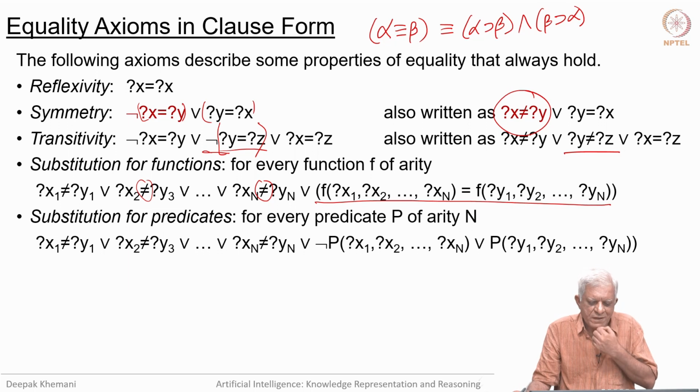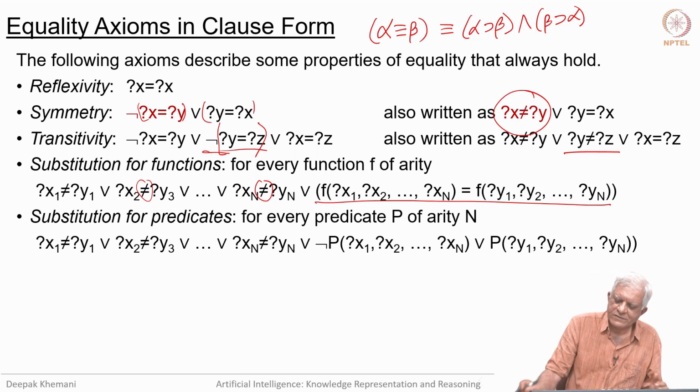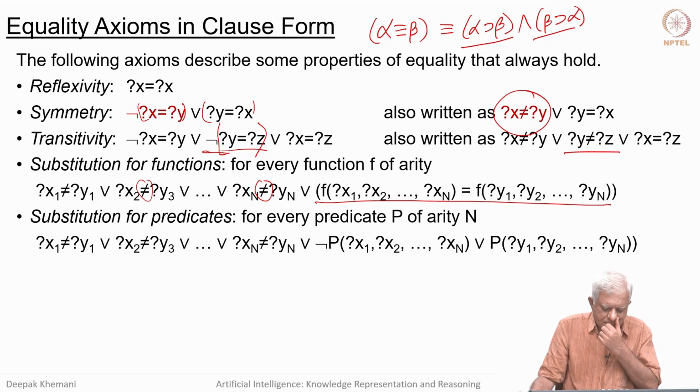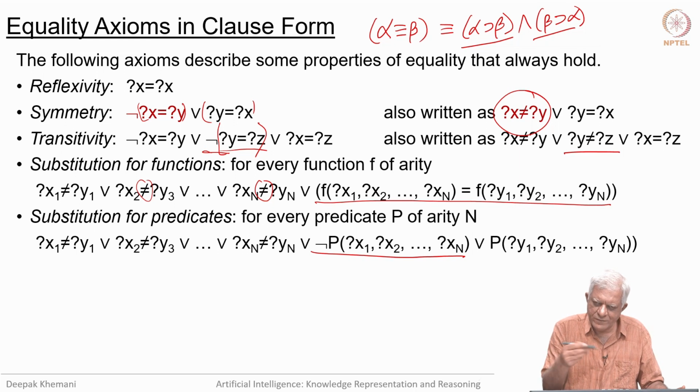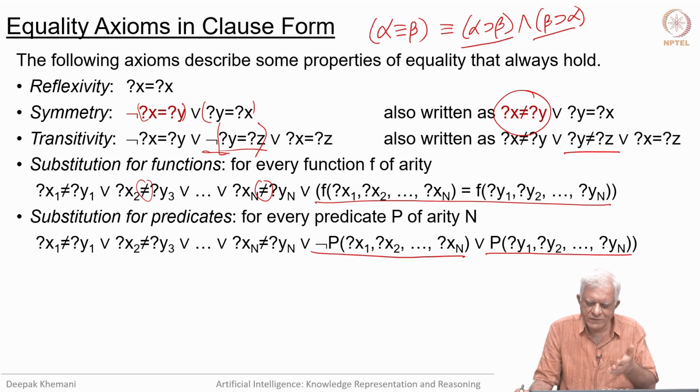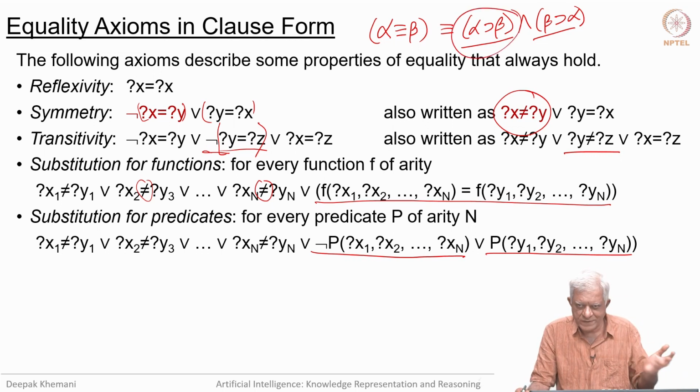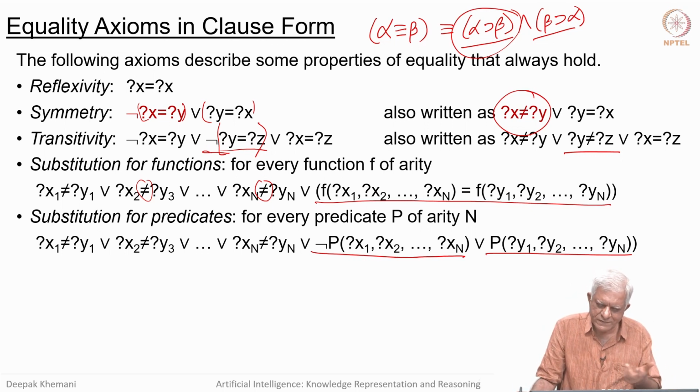You can work that out, because this one says that you can go from alpha to beta, and this one says that you can go from beta to alpha, and that is the equivalence anyway. So when we do that, we get one of these as a negation. We have removed the implication and replaced it by not and or, and the other one is this one here. Without loss of generality, we do not want to write the other part. We write this one part, and that is enough, because x 1, x 2, y 1, y 2 are variables, and if we choose them carefully, we can get a proof here. We will see this in a small example.